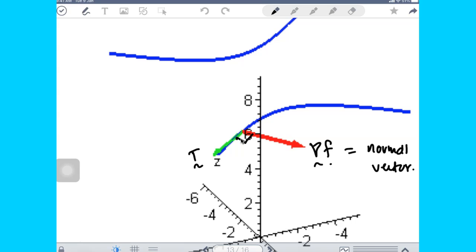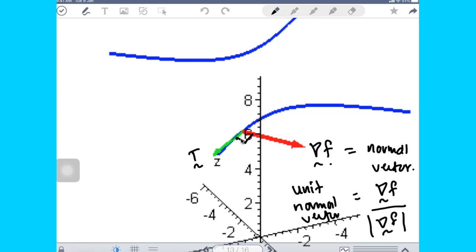But it is not yet a unit normal vector, because if you want to get the unit normal vector, you have to divide the gradient f by its magnitude. That is the reason why, to obtain the unit normal vector, we can just evaluate the gradient f and divide it by its magnitude.